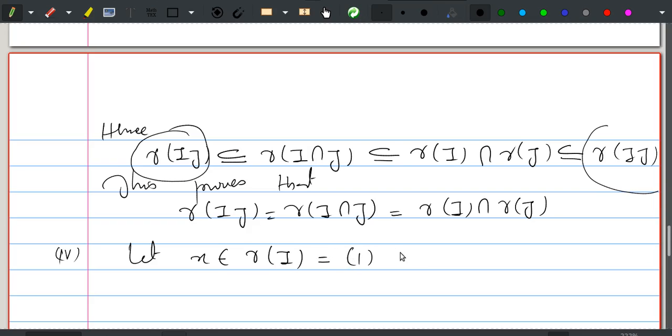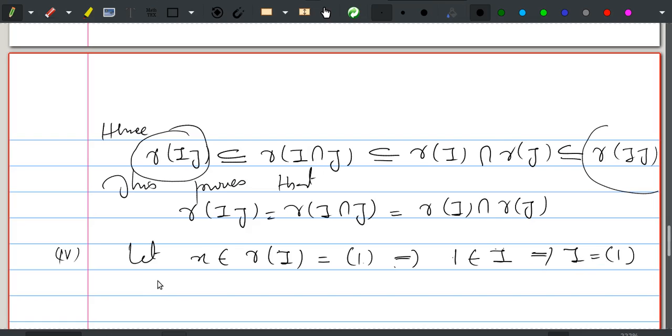This means 1 is in the radical of I, and hence 1 is in I. So this further implies I is the unital ideal, because 1 is a unit, so the ideal generated by 1 is actually the unital ideal. So this means I is the unital ideal.